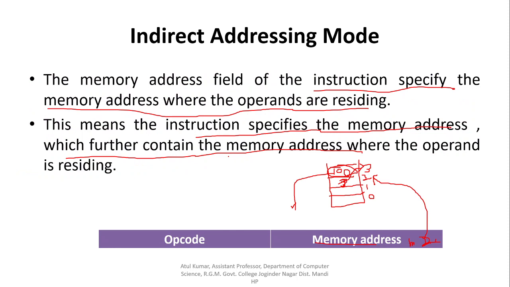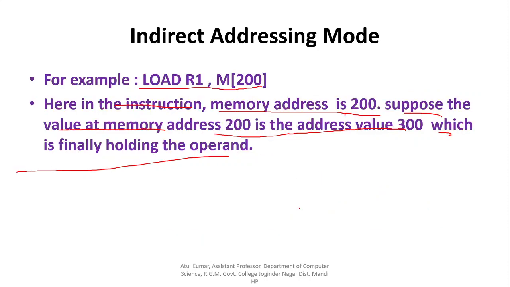That is the same as I discussed in the earlier example. The memory address is 2, so it goes to location 2, which contains 3, basically a memory address. It goes again to location 3, where we have 100, which is the actual operand used in the instruction.